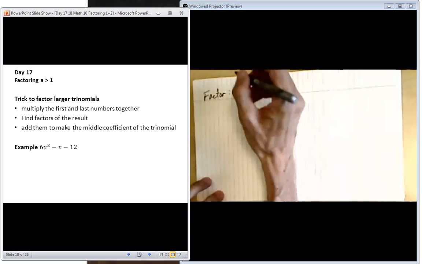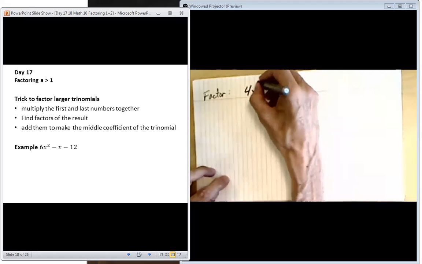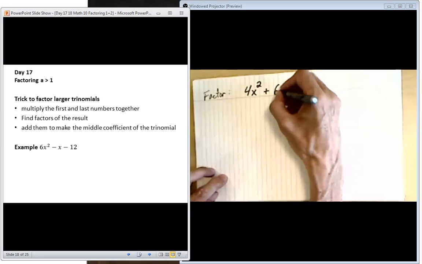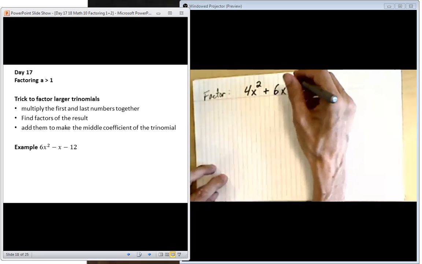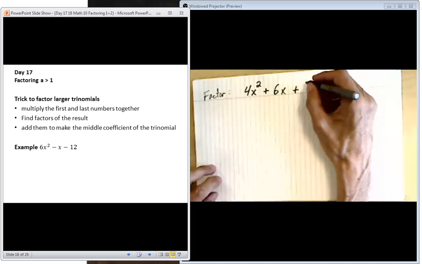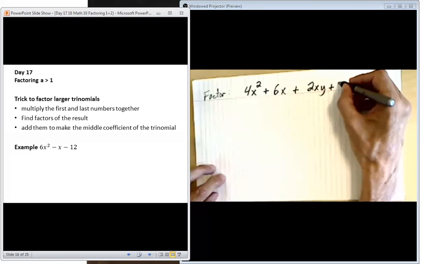It's going to look like 4x squared plus 6x plus what? Oh, we'll just say 2xy plus 3y.